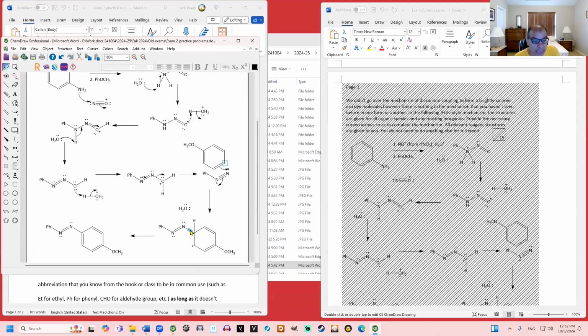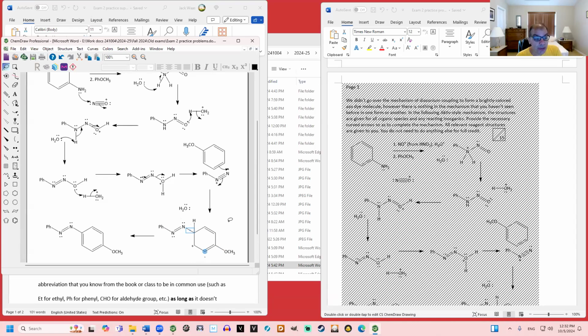And so that's this new bond that we formed over here. Just like any other electrophilic aromatic substitution reaction. This is just like electrophilic aromatic halogenation, electrophilic aromatic nitration, both Friedel-Crafts reactions, electrophilic aromatic sulfonation. I think I'm forgetting one or two of them, but you get the idea.